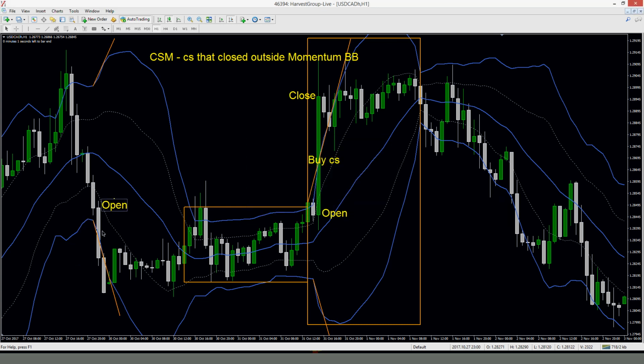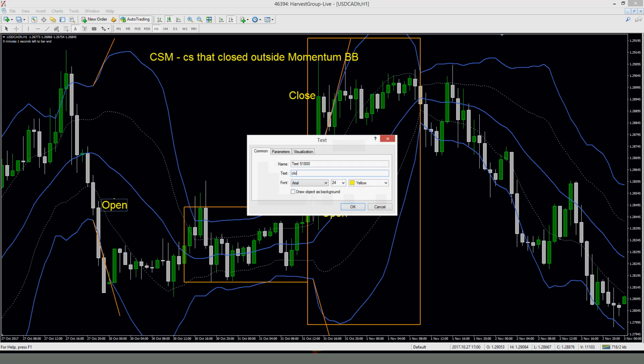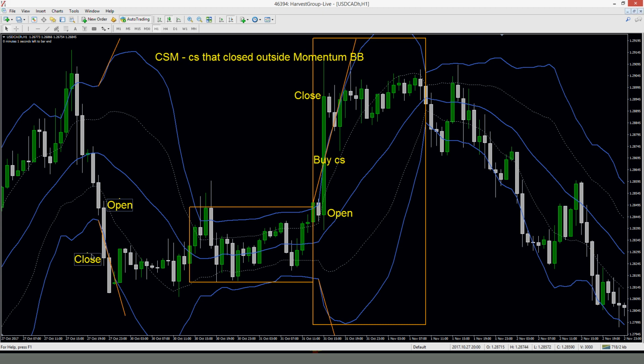This is the candle open and this is the candle close. You know this is a sell candle because it opens at the top and closes at the bottom, and the close of this candle is outside a momentum Bollinger Band. So this is a momentum BB, and this is a candlestick momentum. That's the definition of a momentum BB.